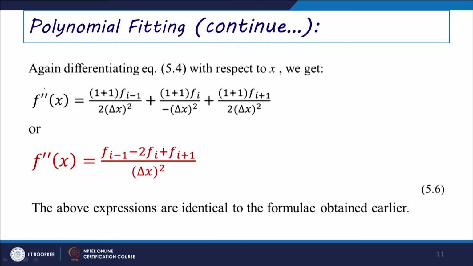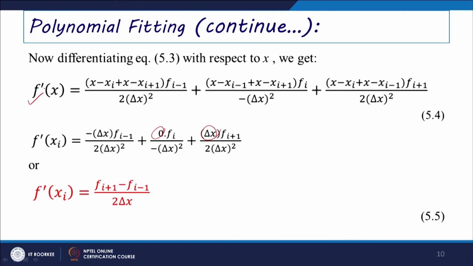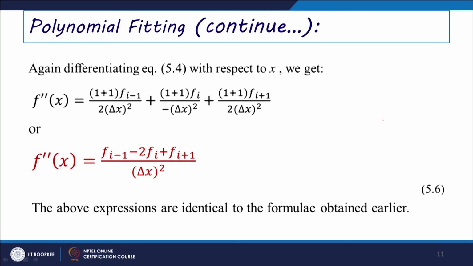This other term is also 2x, so it can be written as 2 into fi, and this one as 2 into fi plus 1. Considering all these terms, the differentiation can be written as fi minus 1 minus 2 fi plus fi plus 1 by del x whole square. This expression is identical to the formula we obtained in the Taylor series expansion also. Thank you for listening to this lecture.